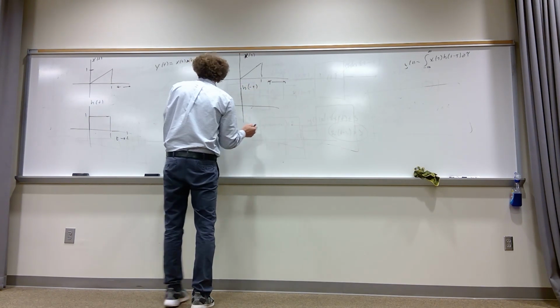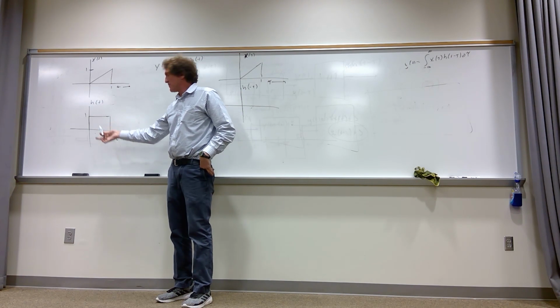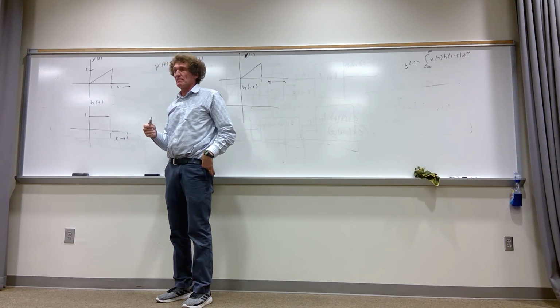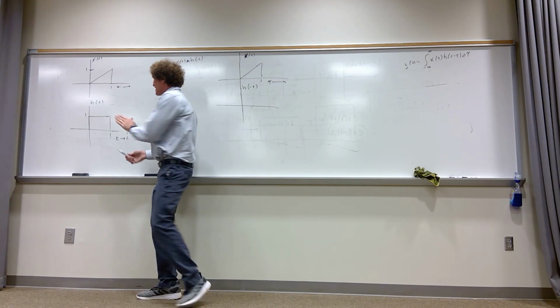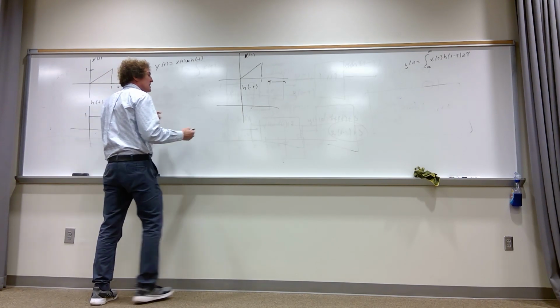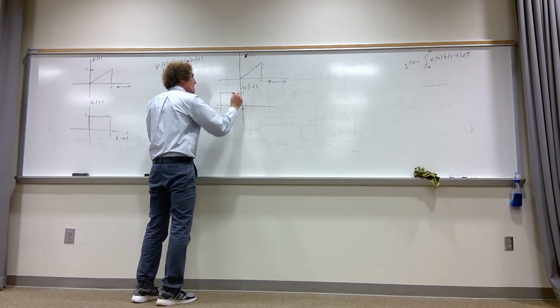Well, what does h of minus tau look like? If that's h of t, if this was tau, this would be h of tau, right? Do you agree, class? What's h of minus tau look like? You just take this and flip it around the axis. It looks like this, doesn't it?